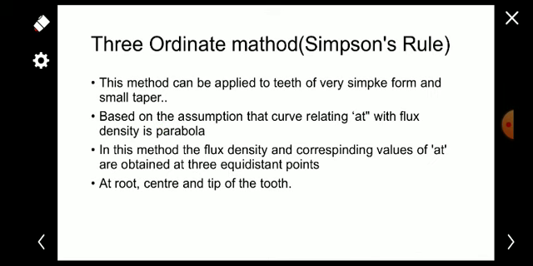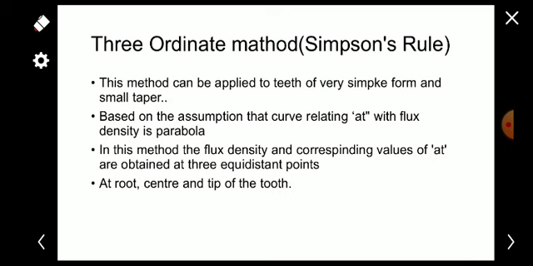In this method, the flux density and the corresponding values of MMF per meter, that is AT, are obtained at three equidistant points. The three points are chosen such that one is at the root of the slot, one is at the center, and one is at the tip of the tooth.